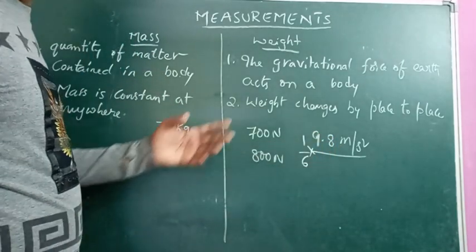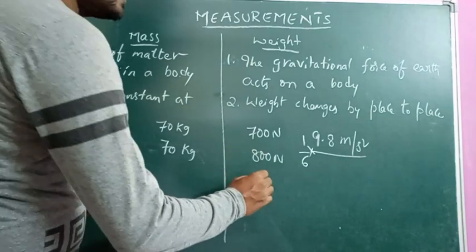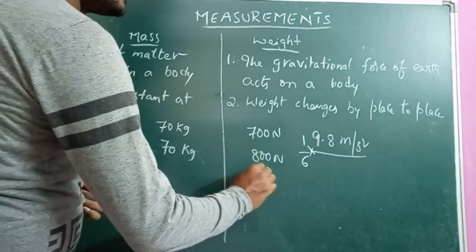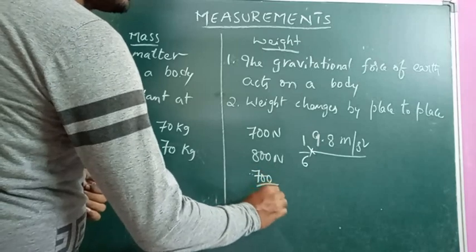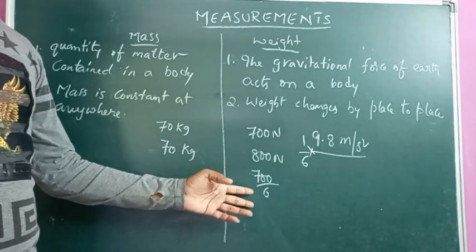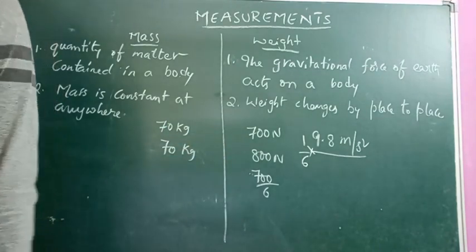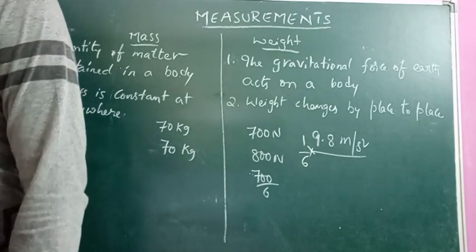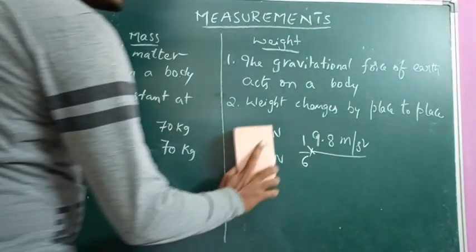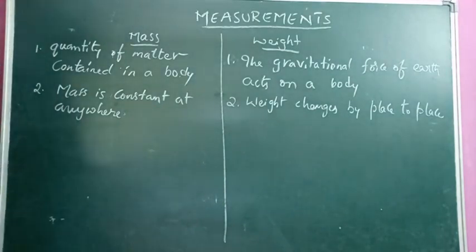So the value changes to 700 by 6, which is lesser than 700. The acceleration due to gravity changes, so the weight also changes, but the mass is constant anywhere in the universe.